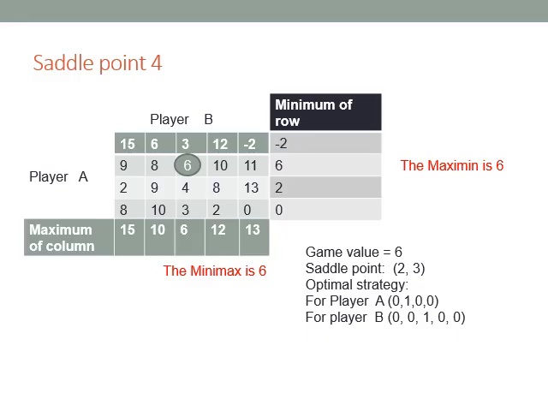Now, looking at the right side of the matrix, we added 1 column to calculate the minimum of row, and we add the lower row here to calculate the maximum of column.